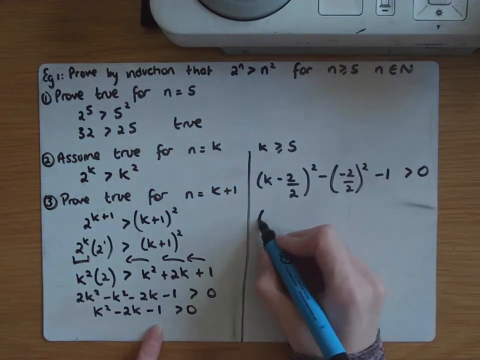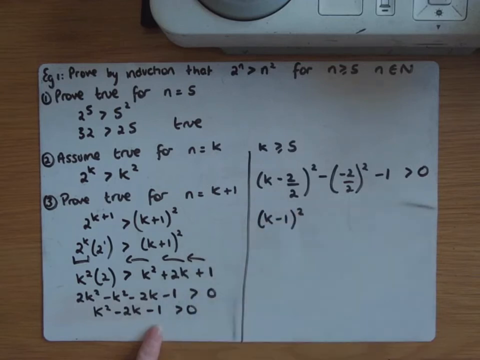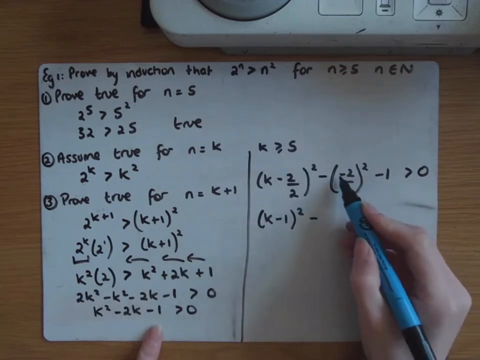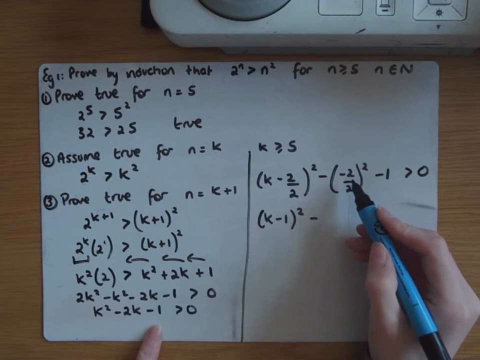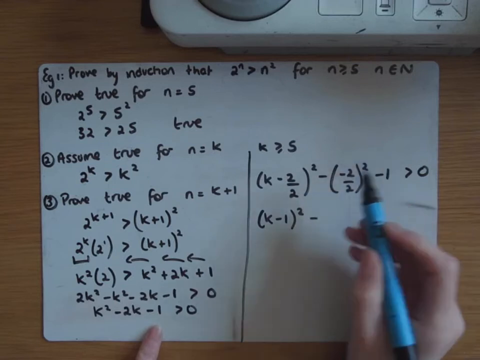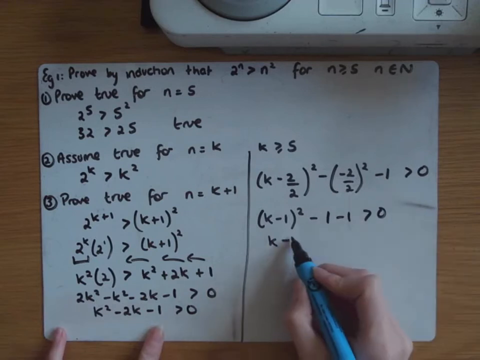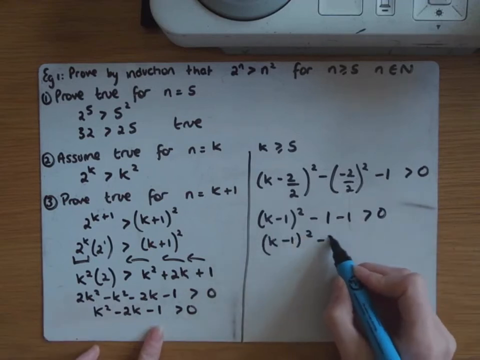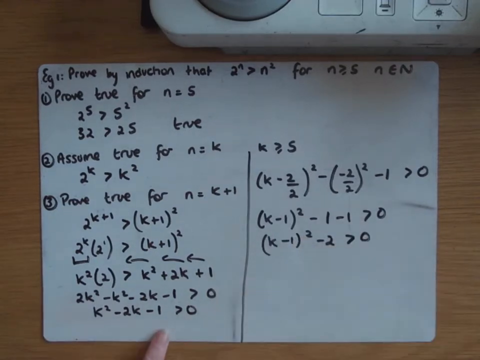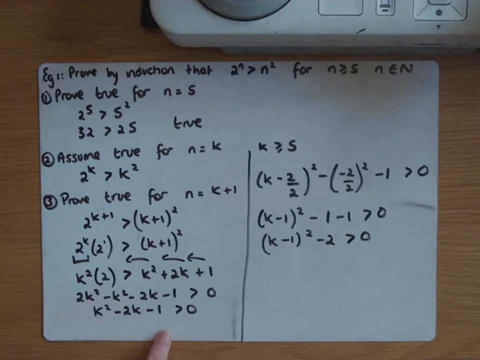So that's k minus 1 to be squared, minus 2 over 2 is minus 1, minus 1 to be squared is 1, and minus outside of it. So what I end up with, this, k minus 1 to be squared minus 2 is greater than 0.